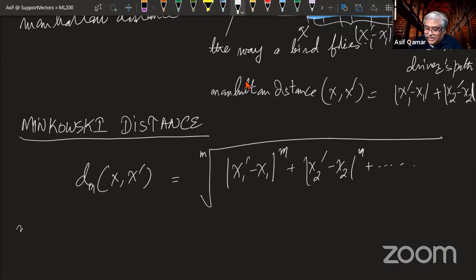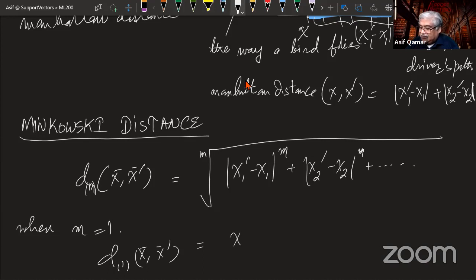When m is equal to 1, then d1 of x, x prime becomes the 1th root, and the root of 1 is the 1 itself, right? So this just becomes to the power 1 here. 1 I need not write, isn't it, guys?